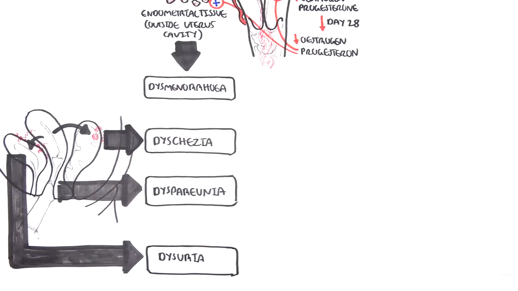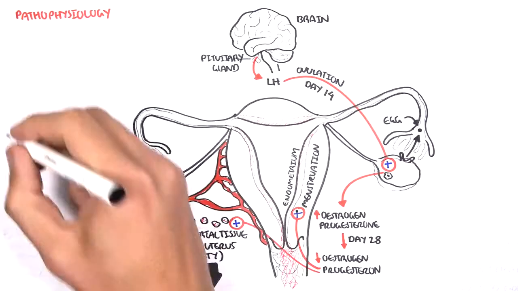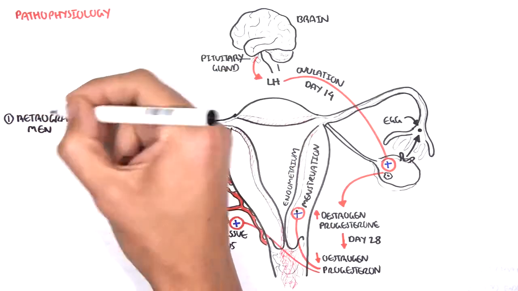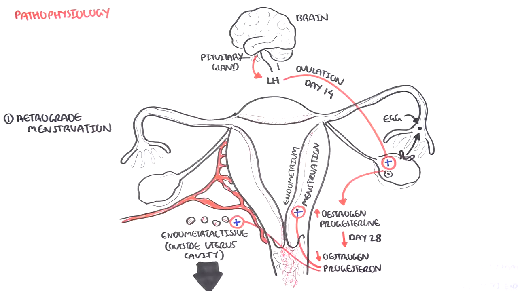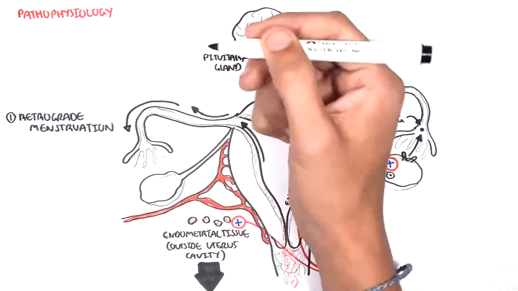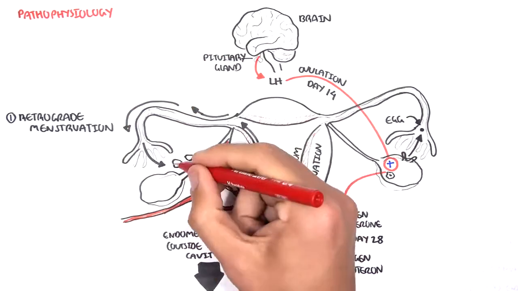So how does the endometrial tissue actually end up outside the uterine cavity or the myometrium in the first place? Well, one common theory is retrograde menstruation, whereby during menstruation, some of the endometrial tissue may travel backwards, retrograde, along the fallopian tubes into the surrounding peritoneal cavity.